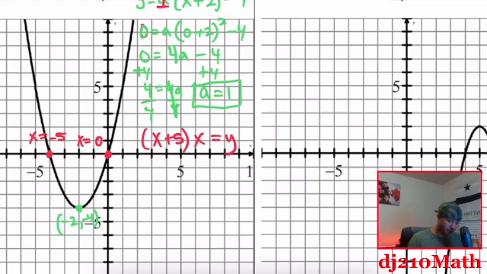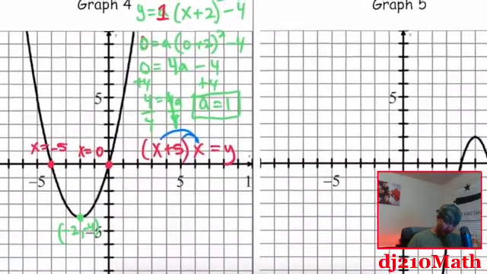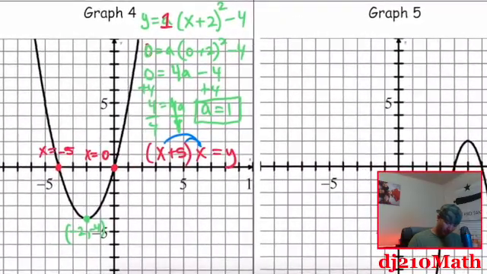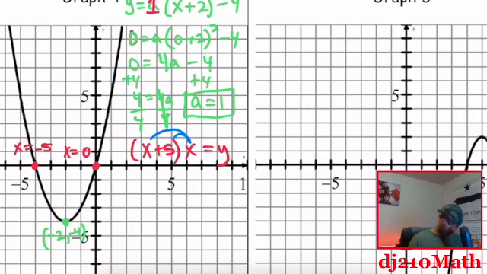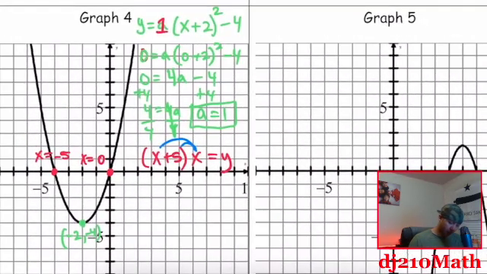And then a is 1. That's nice. Even nicer, to standard form, we're going to distribute this guy. What is this going to be? x squared plus 5x equals y.